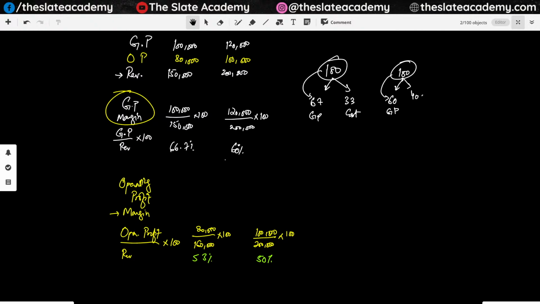Once we know what the markup is, if I asked you to calculate gross profit markup for both businesses, can you do that? Go ahead.